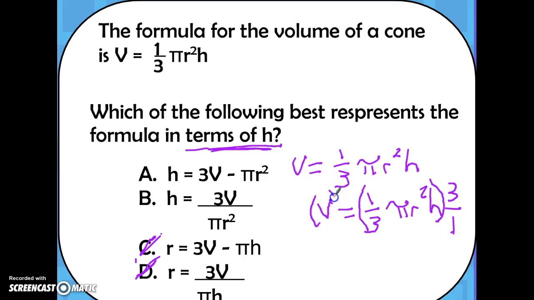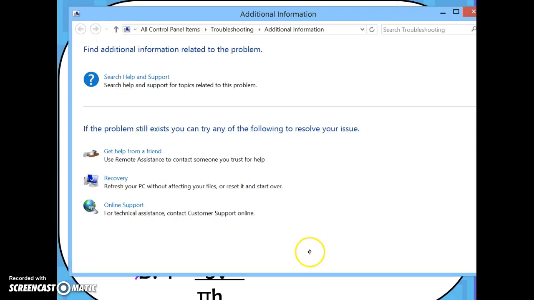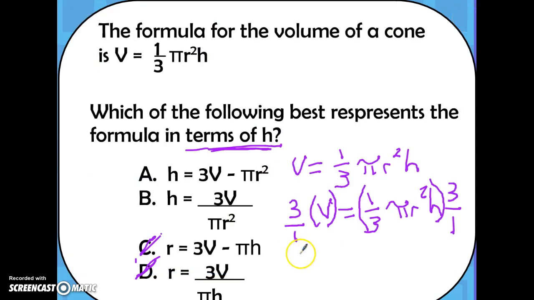And we're going to go to the left side, put the multiplication symbol again, write the fraction upside down as 3/1 again, and then that makes our left side 3V. Equals, and our right side, we got rid of the fraction when we did that, and we have pi R squared H.